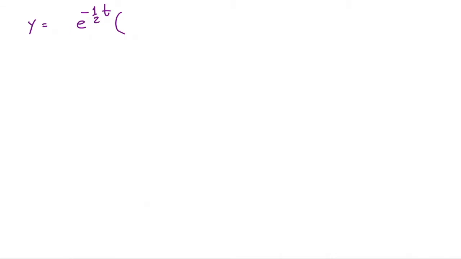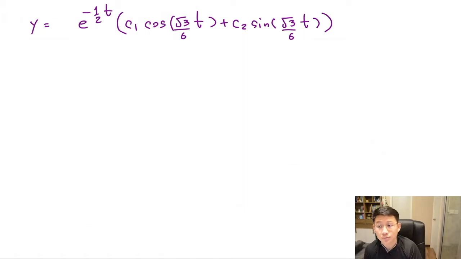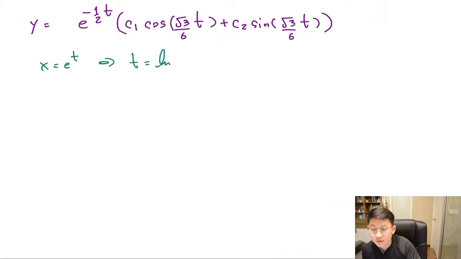You have c1 cos square root 3 divided by 6 t plus c2 sine square root 3 divided by 6 t, and that is the solution. But it's still in terms of t, and you want to answer in terms of x, right? So you substitute x equals e to the t, so we have that t is actually log x.